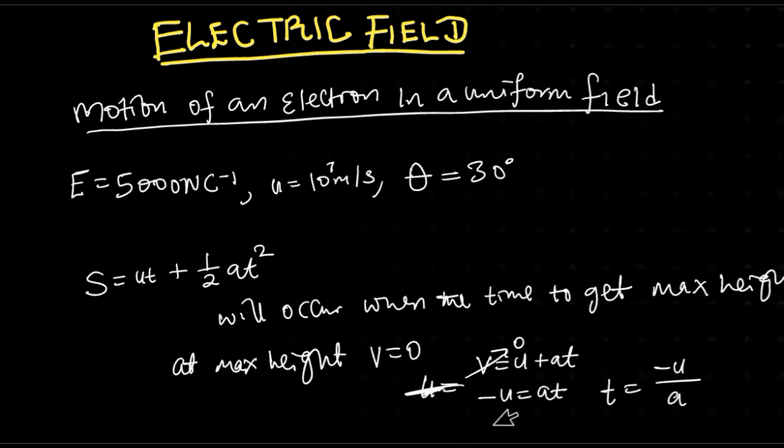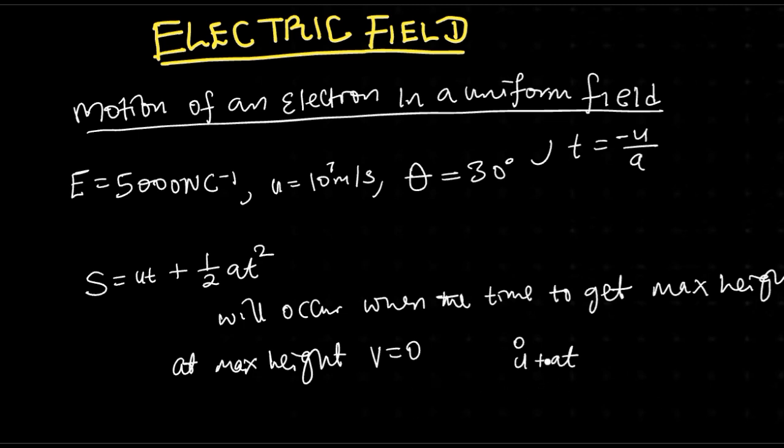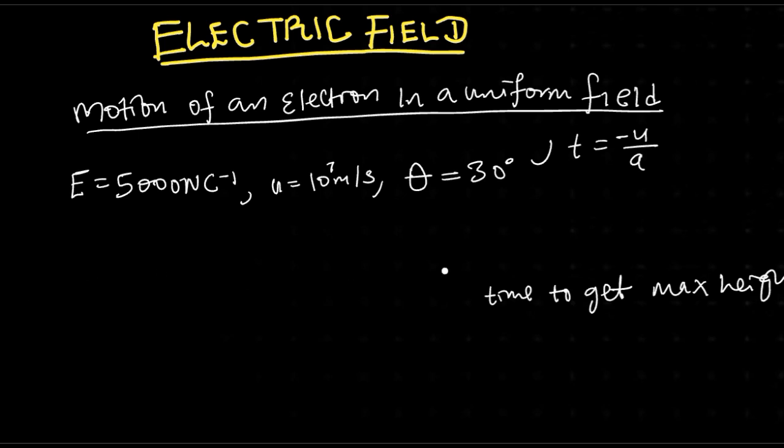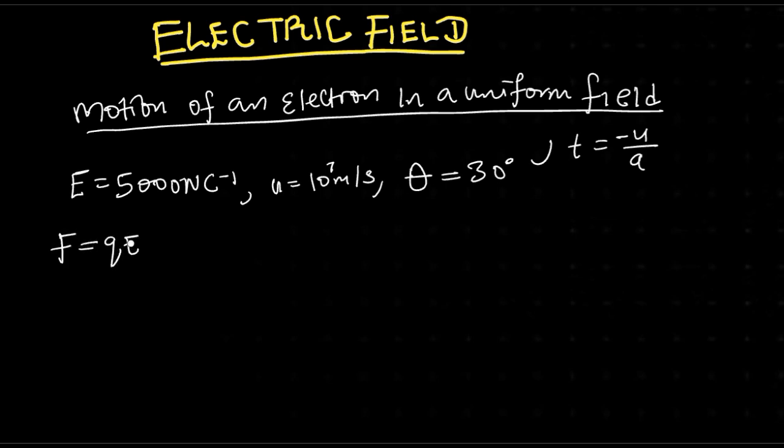Are we together? Yes, but the question we ask ourselves, so let me write it somewhere: t is equal to minus u over a. Now the question we ask ourselves is, what is our a here? Recall that F is equal to QE, and F is equal to ma.